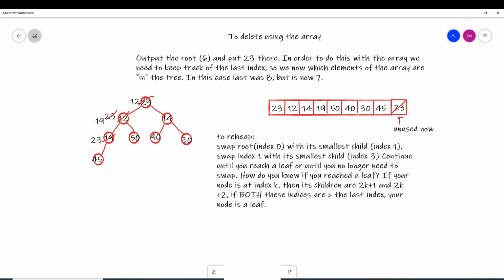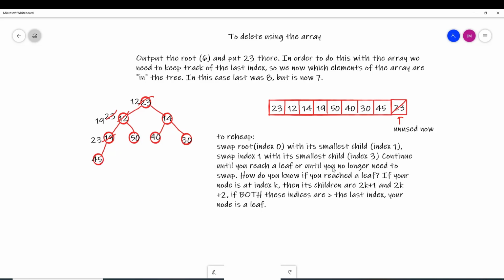I keep on going, so let's just look at the tree here. I keep on going until I find I no longer have to swap. Here I didn't have to swap because the 23 was smaller than the 45. So I keep on going until either I no longer have to swap or I reach a leaf.